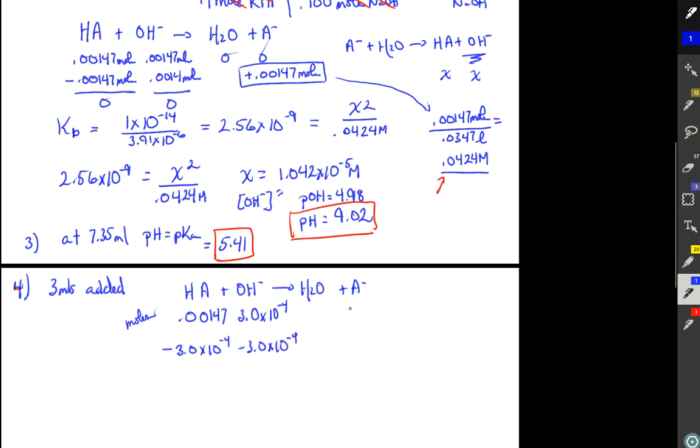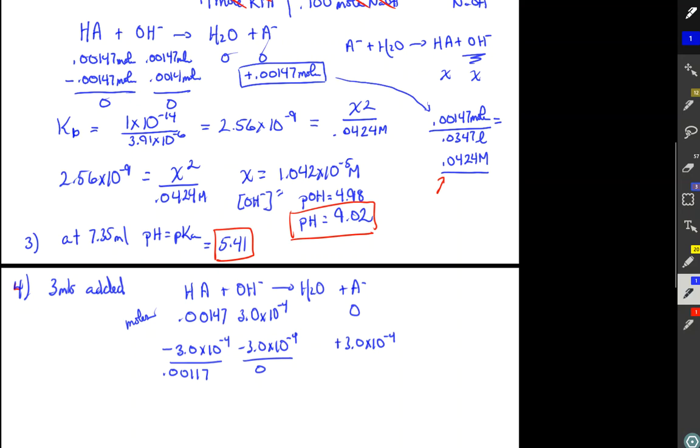Then this started off at 0, but we're going to add 3.0 times 10 to the negative 4. So this becomes a series of buffer problems. We can use Henderson-Hasselbalch to deal with that. So we have 0 of this left, but we have 0.00117 moles of this.